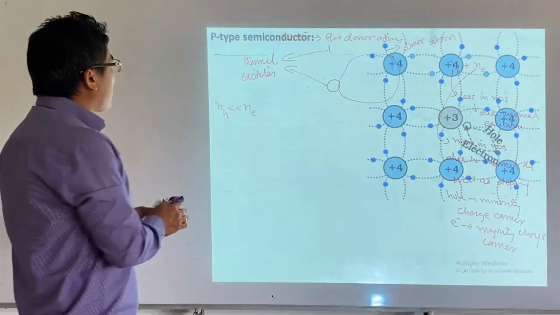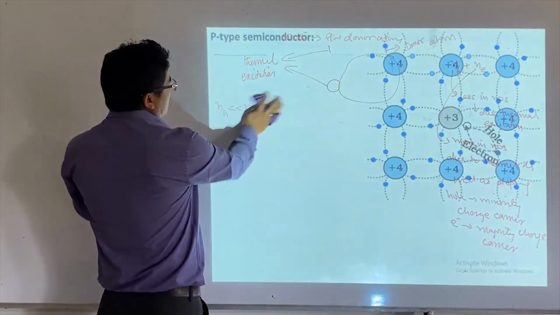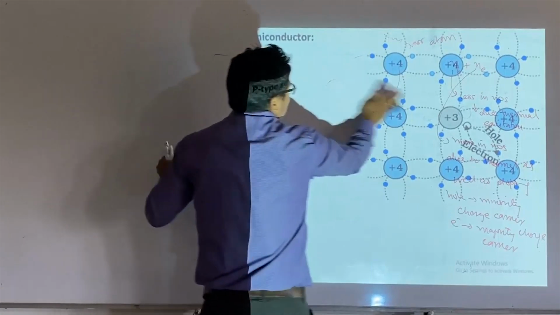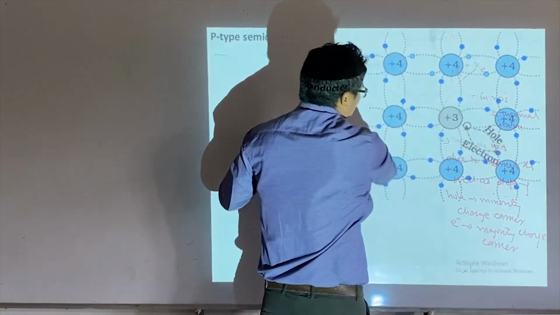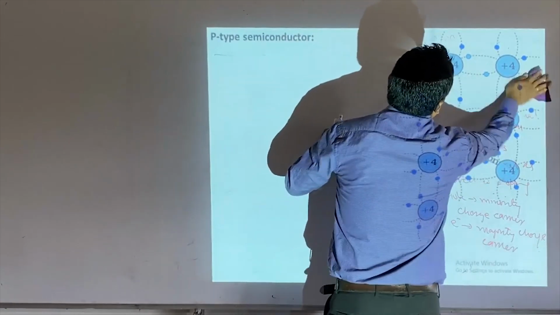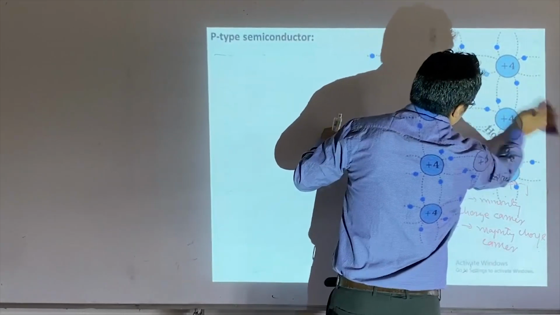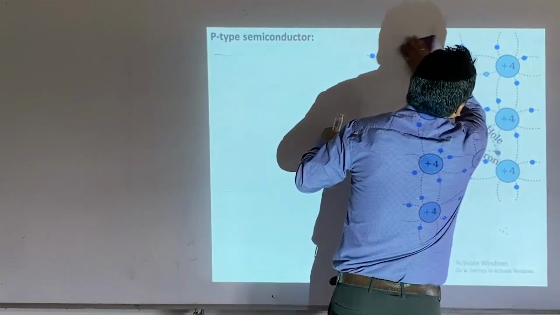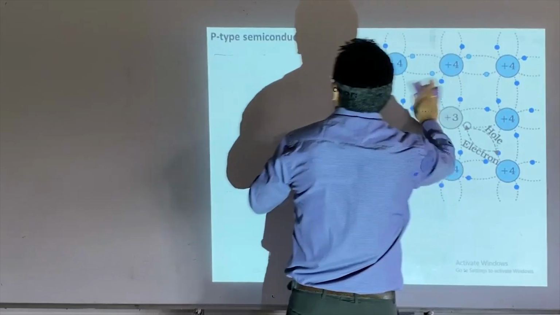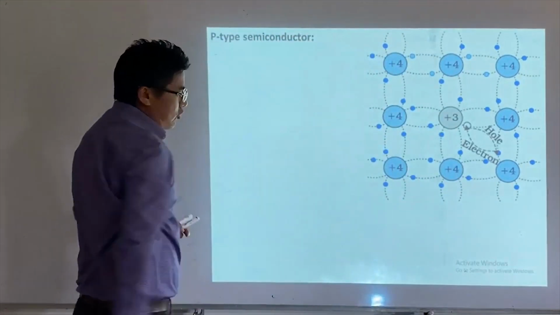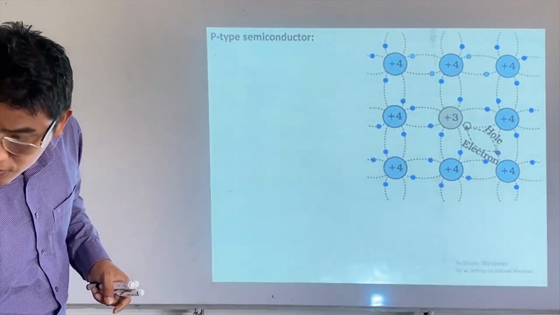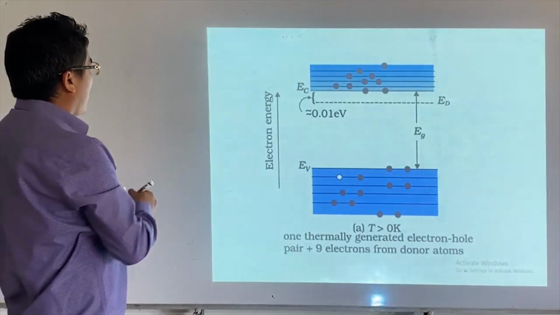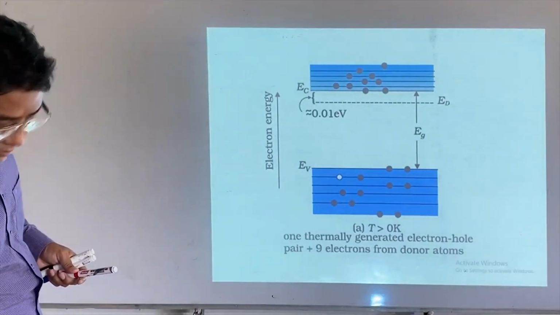Now we talk about p-type semiconductors. So in case of n-type semiconductor, the majority charge carrier is electron, minority charge carrier is hole, and the dopant is pentavalent, and this creates positive donor ions. Look at here, I will show you this.